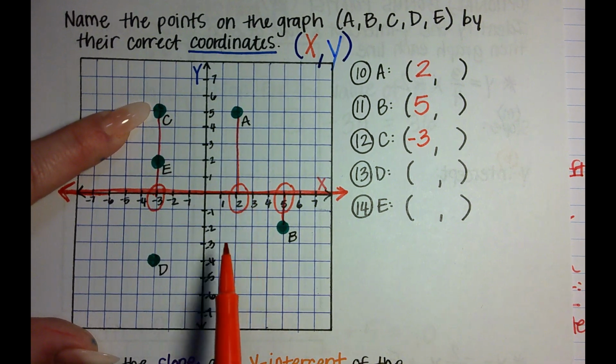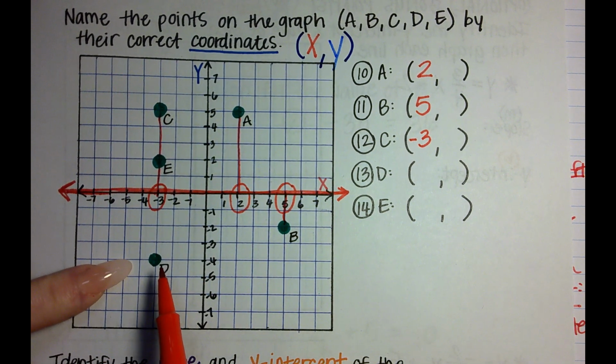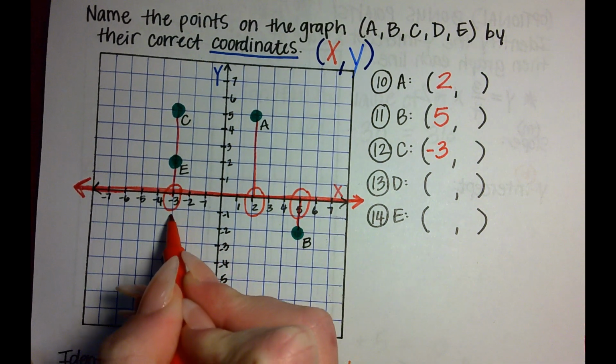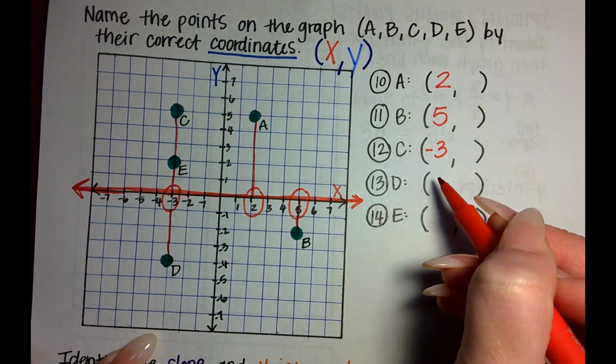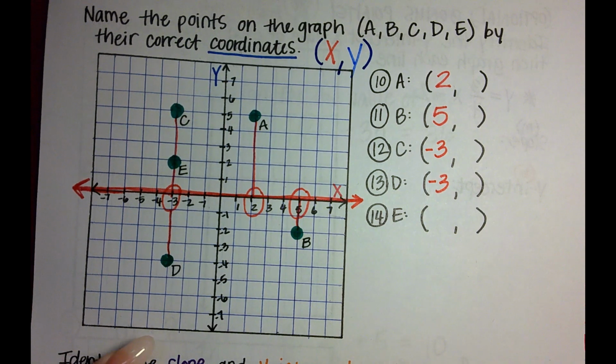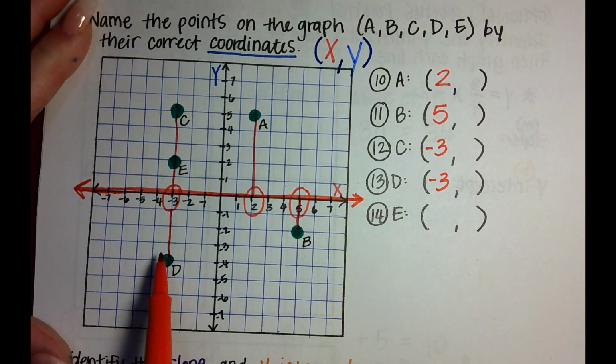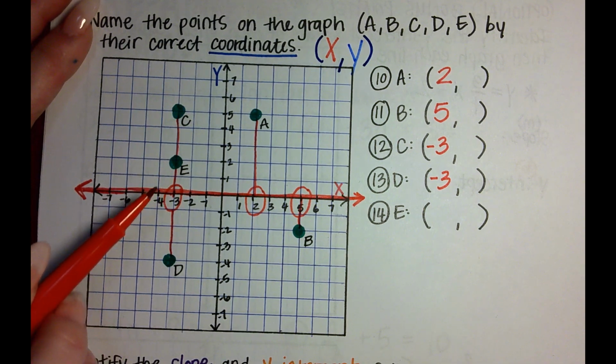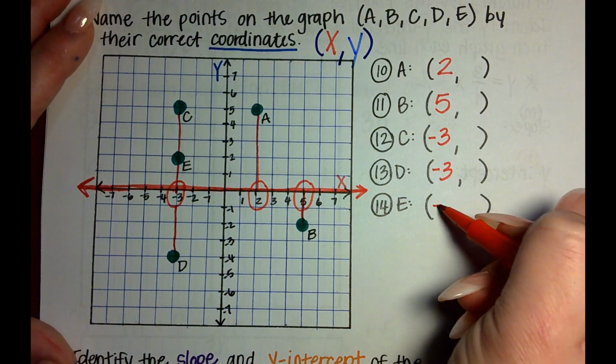Now let's look at point D. Same one. It also lines up with -3. Okay, and now point E, where does it line up? Also -3. Good.